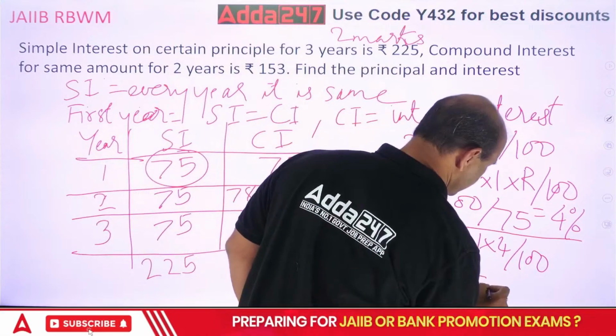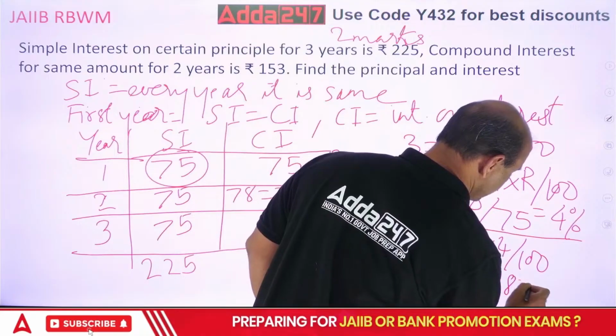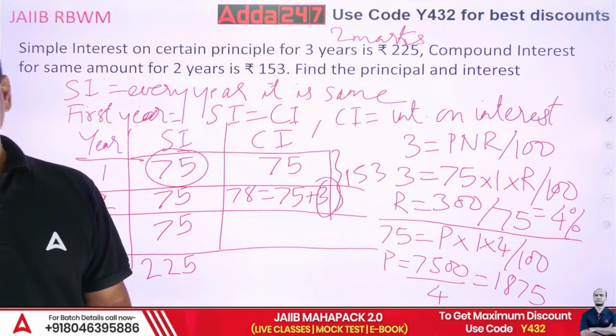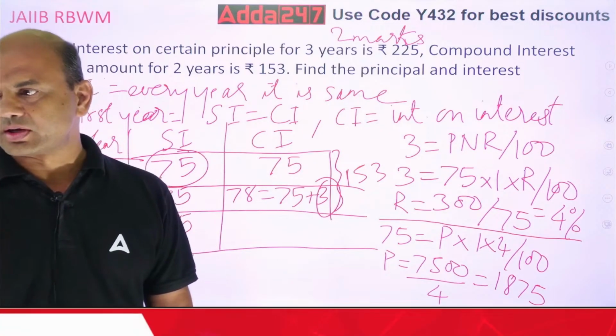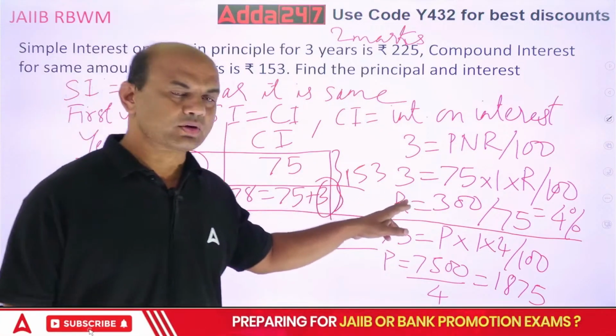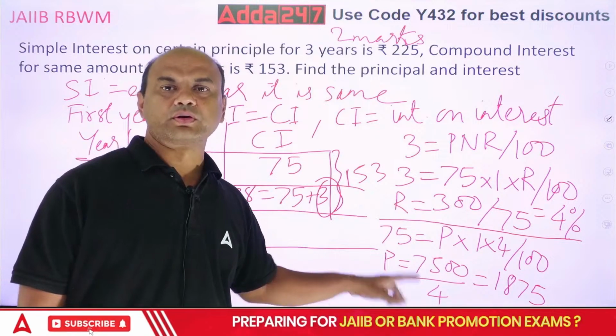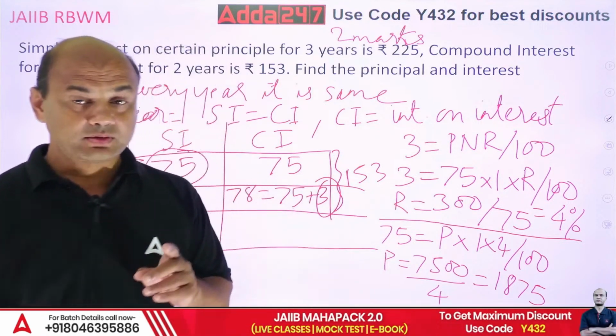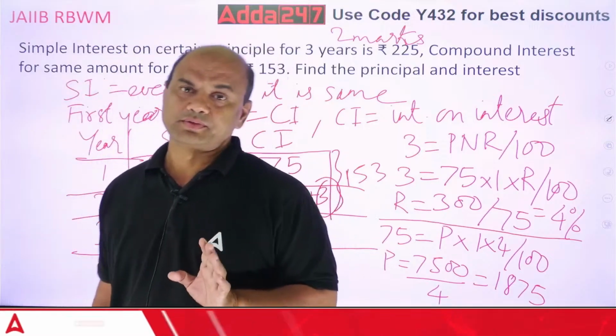So the principal is 1875. This is your principal. Got it everyone? R also you got it, 4%. P also you got it, 1875. This is how you need to solve it.